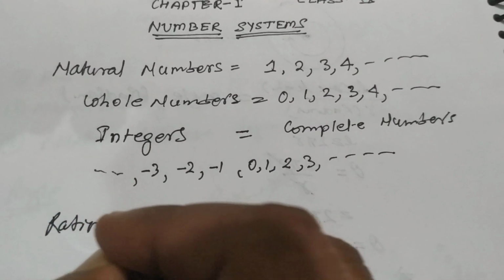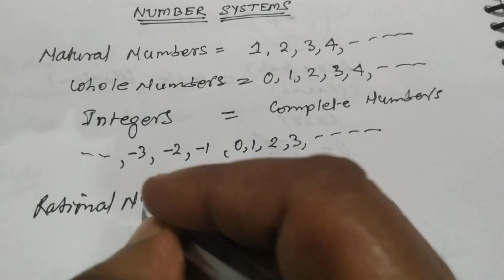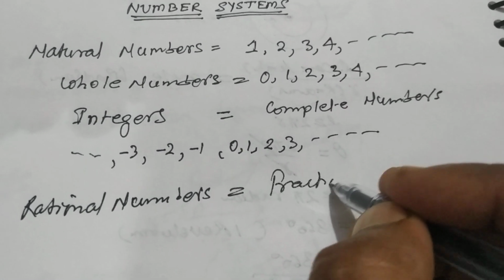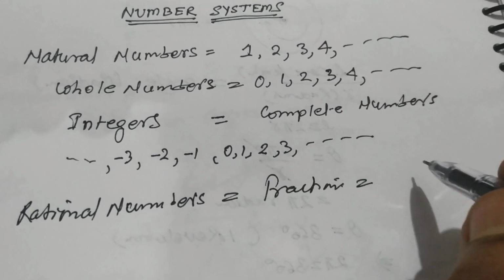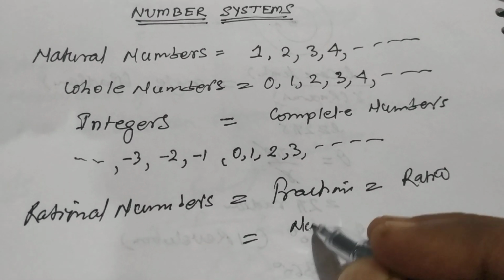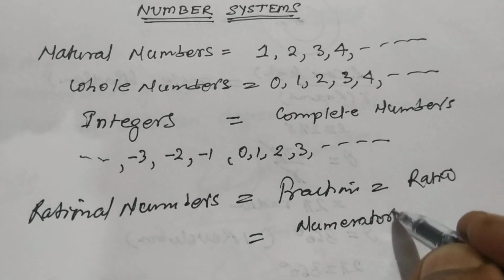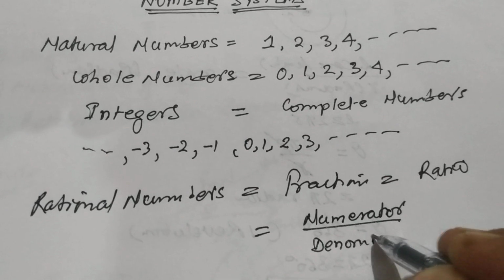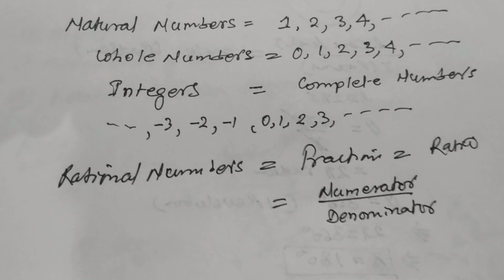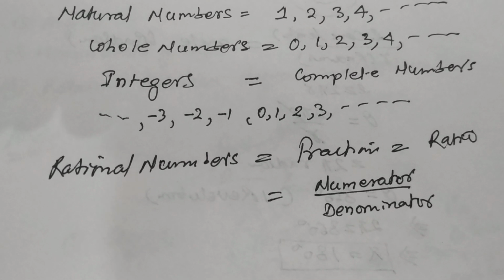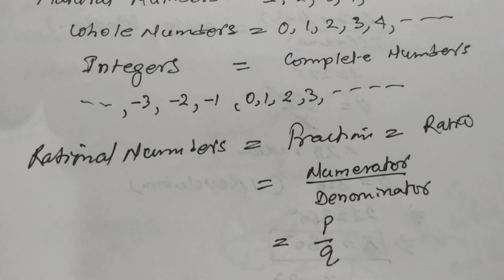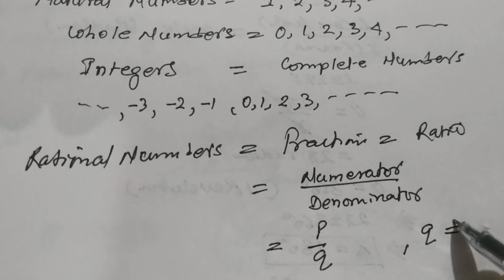Basically, rational numbers are fractions, or equal to a ratio, that is numerator upon denominator. If any number can be written in the form of numerator upon denominator, that is equivalent to P upon Q form, where Q must not be equal to 0.